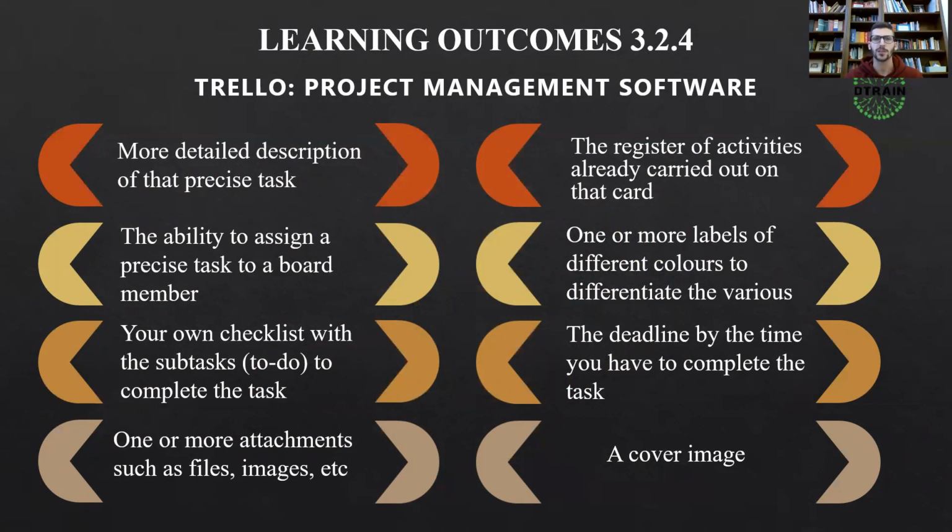Trello is an application for project management based on the Kanban method that allows improving production efficiency. The method is based on the subdivision of the planning into 3 parts: to do, in progress, and done.